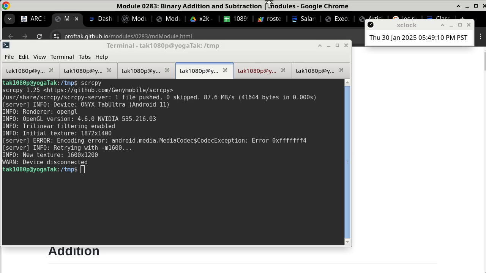Say again? Oh, I can always turn off the screensaver. I think it's the power management of the screensaver that's causing the problem.